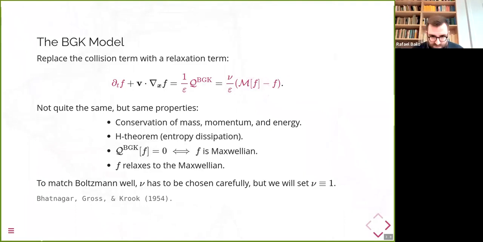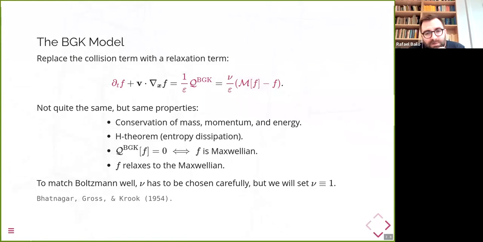So you have, again, conservation of mass, conservation of momentum, conservation of energy, dissipation of the entropy, the equilibrium of the collision operator. The kernel of the collision operator is characterized by Maxwellians. And of course, by construction, this operator takes a distribution to the Maxwellian. So it's a very nice toy model in that it has all the macroscopic effects there somehow.